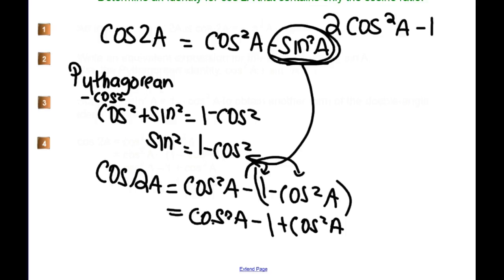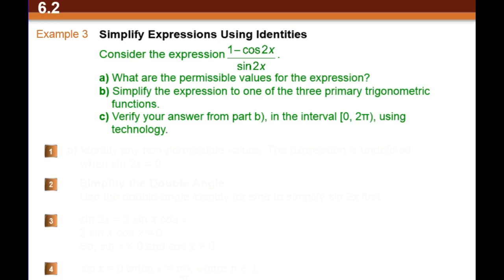So you'll notice now we have a cos squared a and a cos squared a. So we have 2 of them. So we have 2 cos squared a minus 1, which is the answer that we found on our identity sheet 10 minutes ago. Okay, let's cruise to example 3 in our textbook, still on page 302.